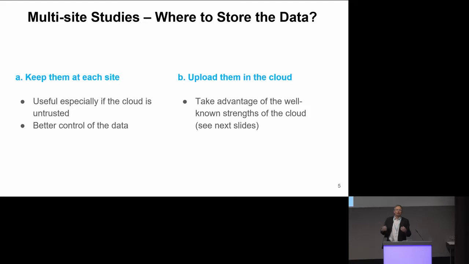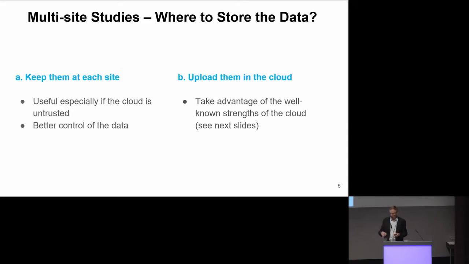In particular, when we do multi-site studies, because you're talking about data at scale, machine learning, so data reside at different places. So what are the options? Essentially two main options. The first is to keep the data at each of the sites, which is useful, especially if you don't want to go for a cloud solution, and there is better control of the data.